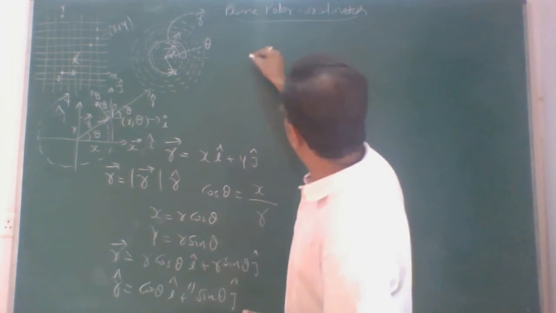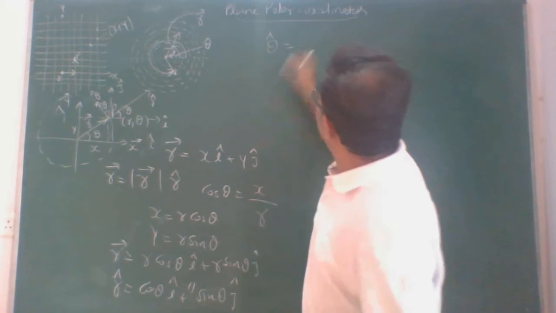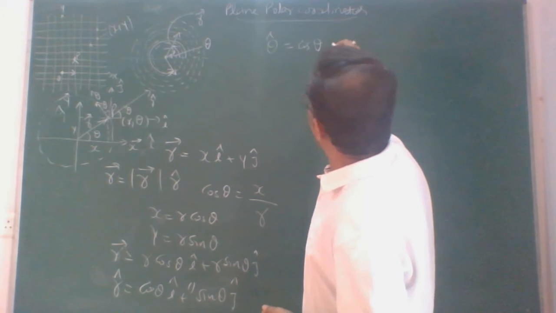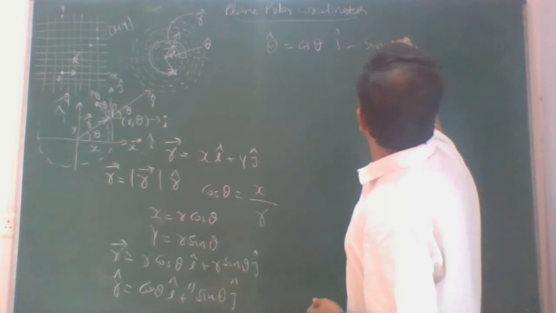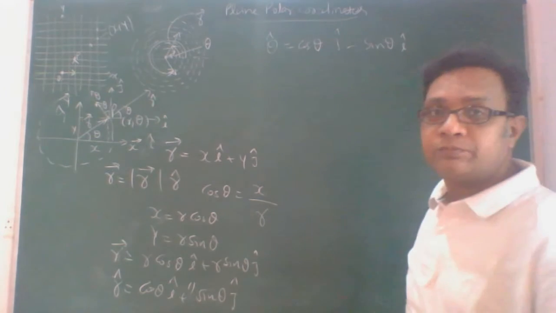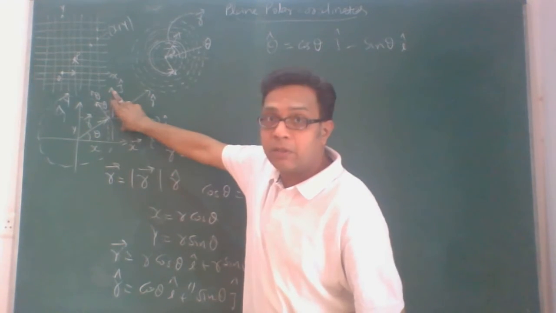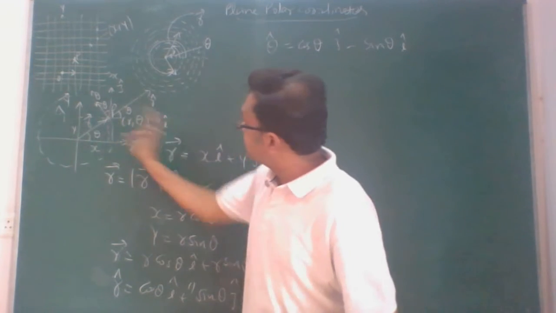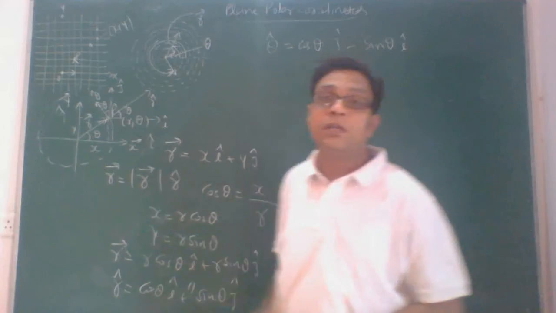So how do I write that? Theta cap is basically the cos theta component with the j cap and minus the sin theta component with i cap. How? See here, cos theta j cap, and this is the reverse of the direction of the i cap, so it is basically the sin theta component with i cap.